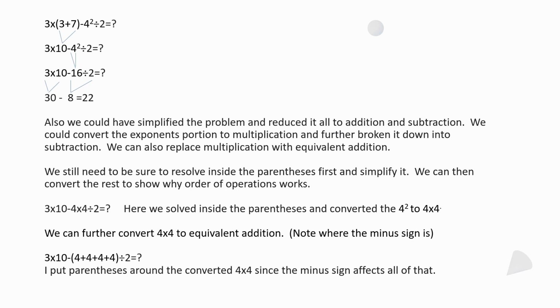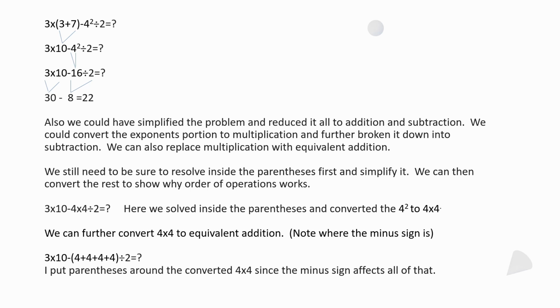Do we have any exponents? Oh, yes, we do. If we look on that second line, we have 4 to the second power. So now down on line number 3, we're going to solve the 4 to the second power. And if you remember exponents, 4 to the second power is just a short way of writing 4 times 4. If it would have been 4 to the third power, then we would have had 4 times 4 times 4.